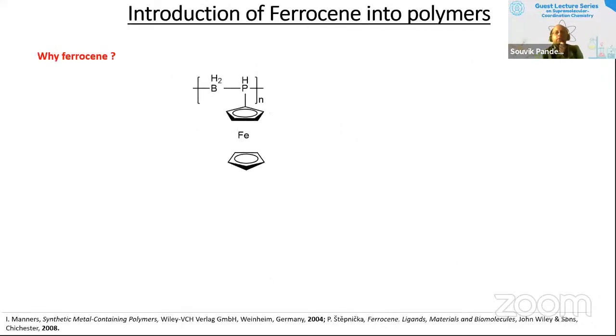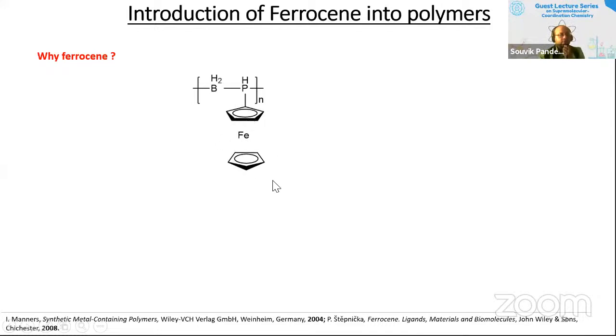So now we will talk about ferrocene. Now our topic, which we were interested to discuss today, is ferrocene based polymers. I think you must have noted that this is called a ferrocene compound.